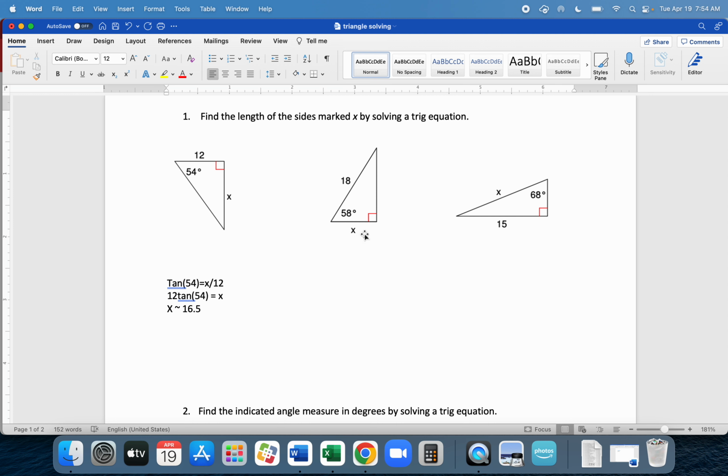Cosine is the x coordinate over the radius, or adjacent over hypotenuse. So cosine of 58 degrees should be x over 18.